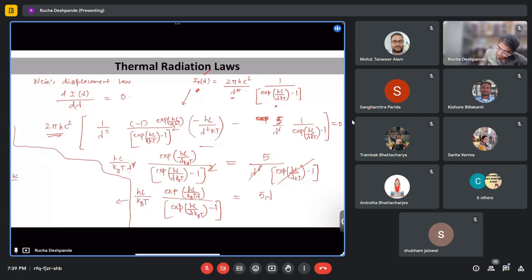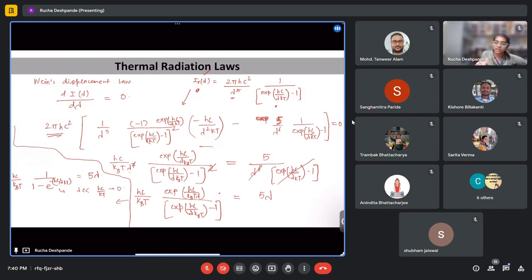We divide here by the same term. So we'll rearrange this term to write it as 1 minus e to the power minus hc by lambda kt is equal to 5 times lambda. So when lambda is much smaller than hc by kt, then this whole term would tend to 0.